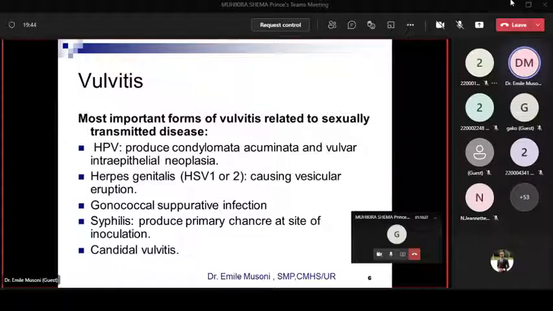Those can cause an inflammation of the vulva called vulvitis. Meaning that clinically you see some lesion on the vulva, and to confirm the diagnosis, you send the sample to the lab. You can do a biopsy or some culture of those bacteria and the virus.